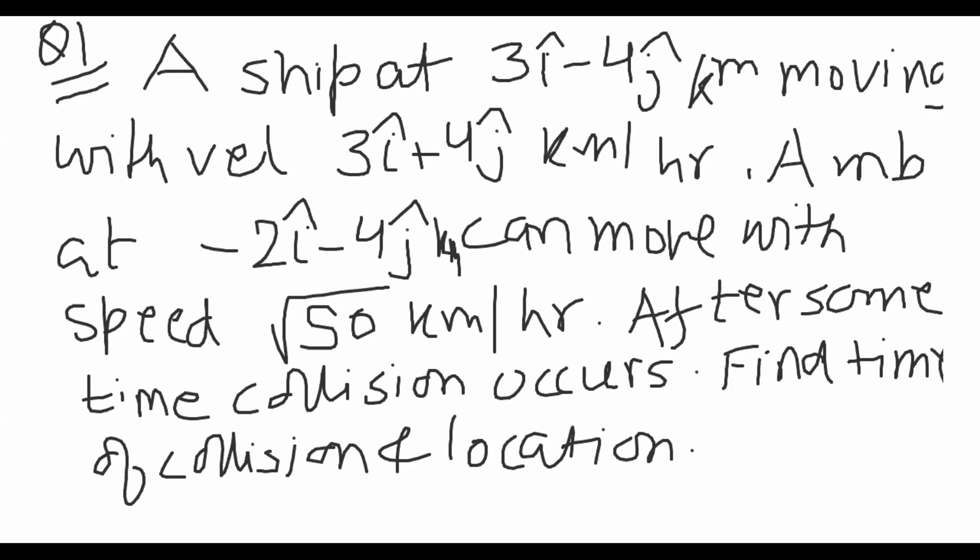So what I've given you is the initial position vector of the ship and the motorboat, velocity vector of the ship and speed of the motorboat, and I'm telling you that collision occurs. You have to find the time of collision and you have to find the location where the collision occurs.